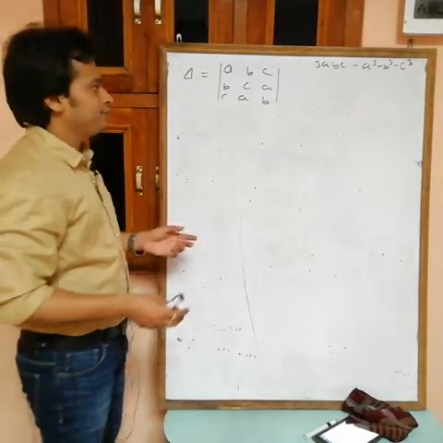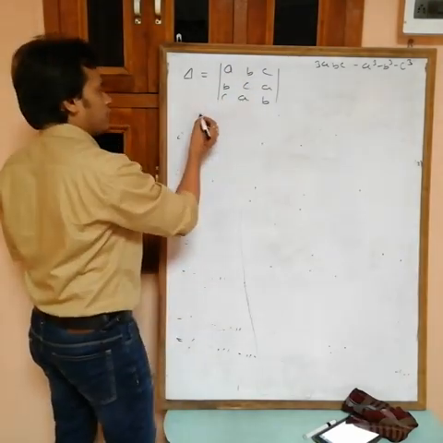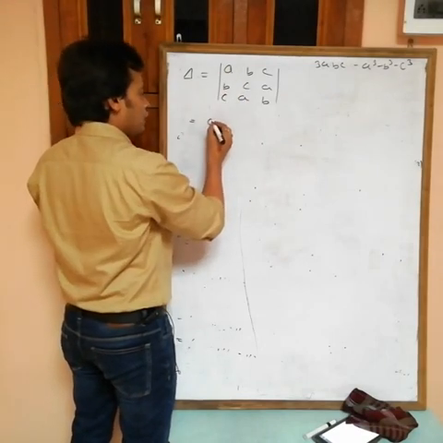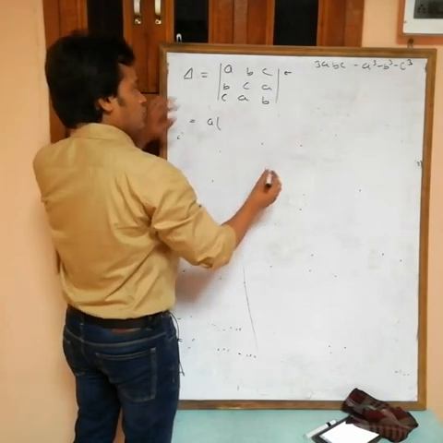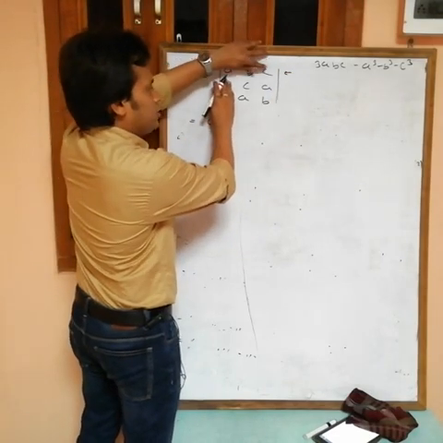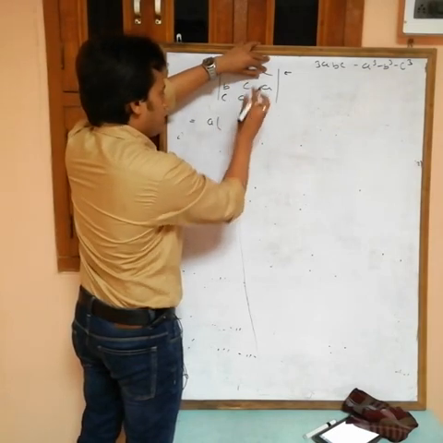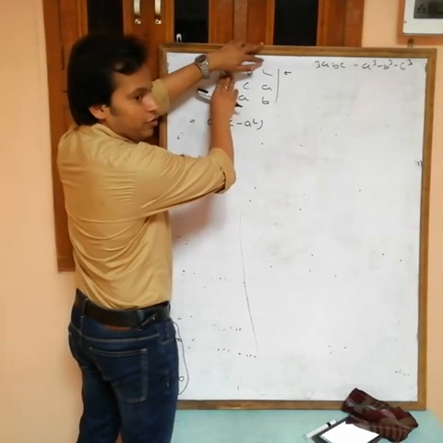The elements are not lengthy. So directly expand. If you directly expand, then what you will get? First I am expanding with respect to R1. So A is multiplied by its minor, so hide the corresponding row and column. What we are getting? BC minus A square. So this is the minor. Now decide the sign.